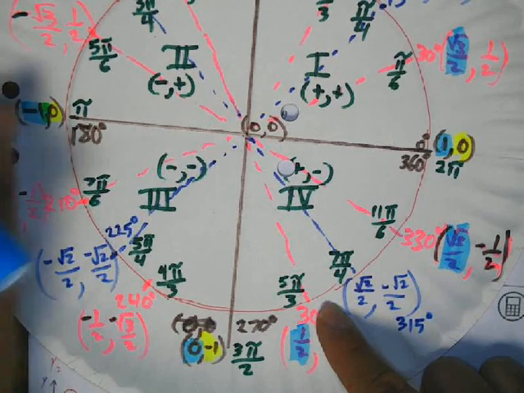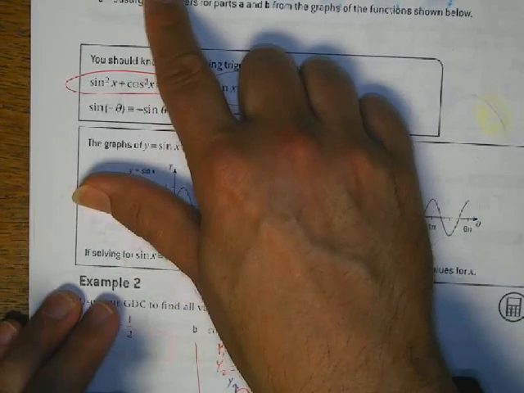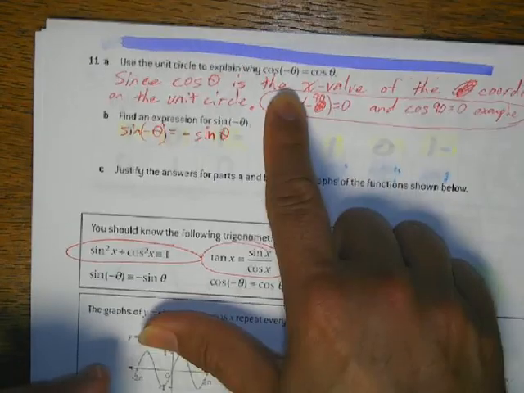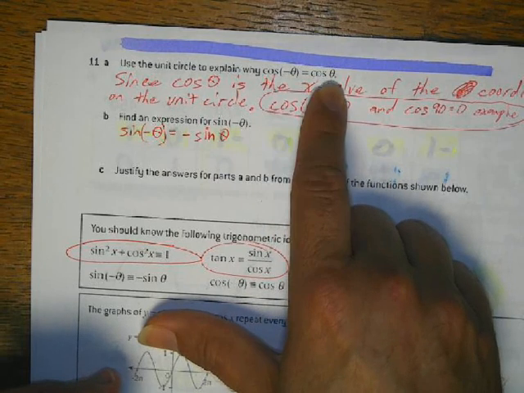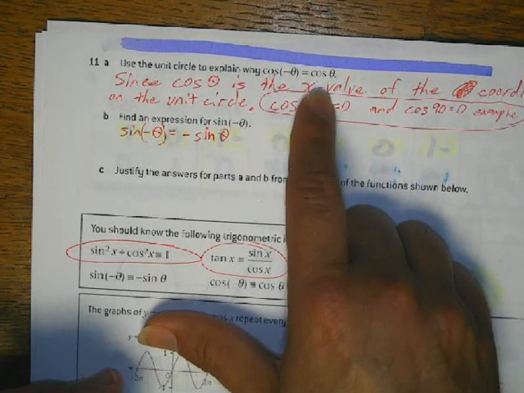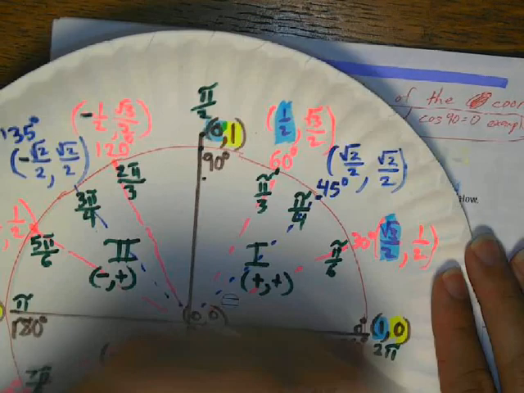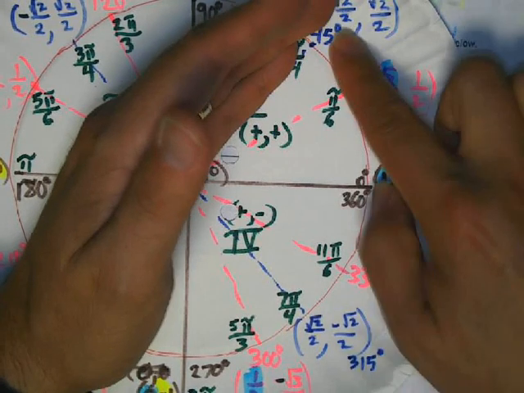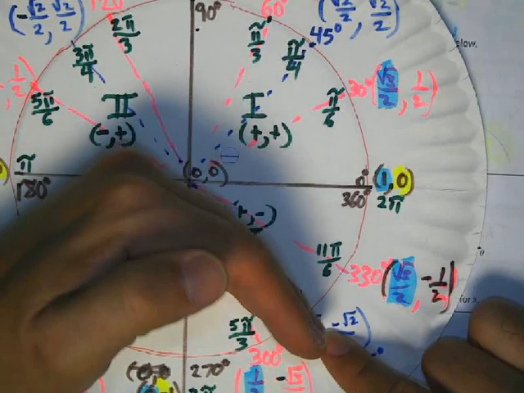So on the unit circle, I've just shown you that cosine of negative theta gives me the same value as cosine theta. If I go a certain number of degrees up, I'm going to get the same x value as if I go the same number of degrees down.